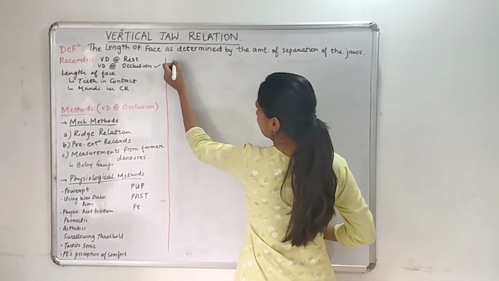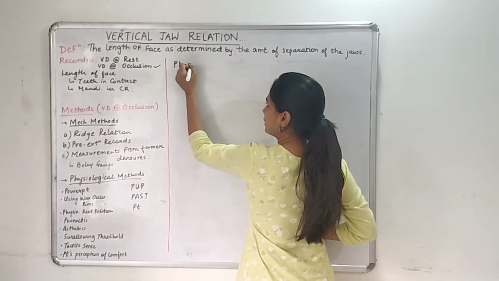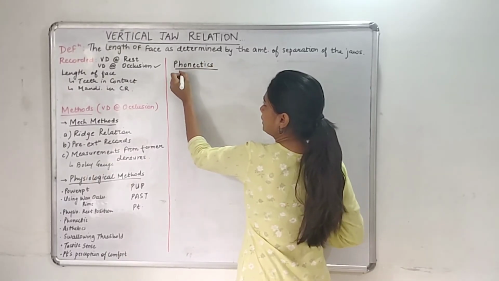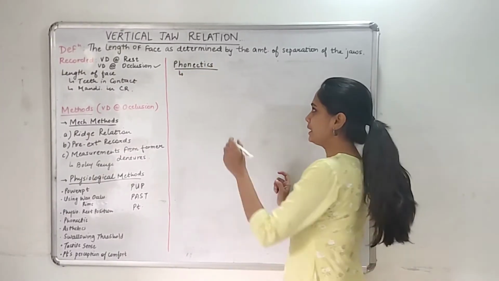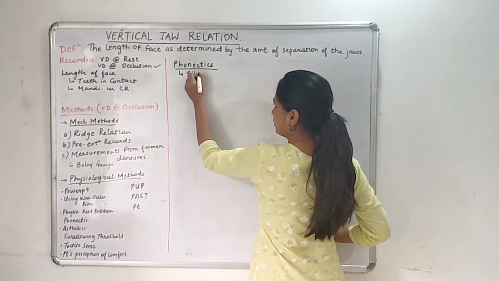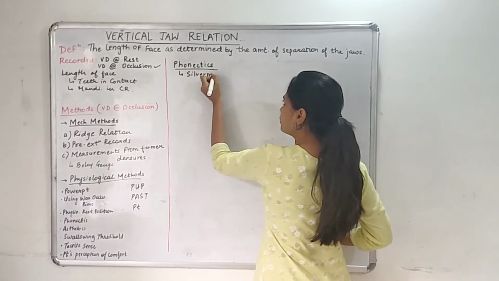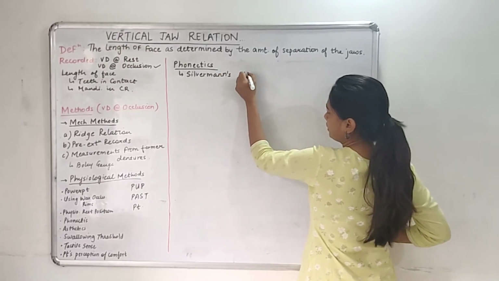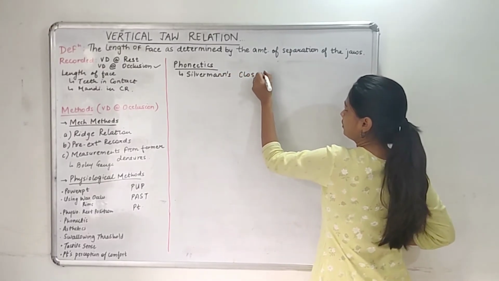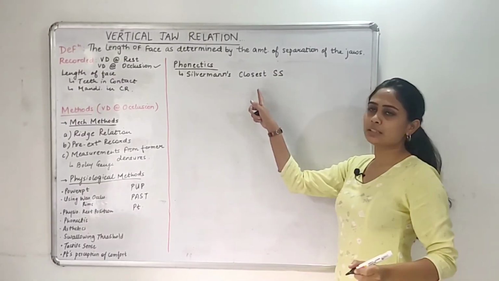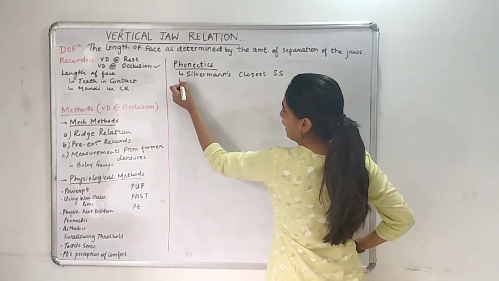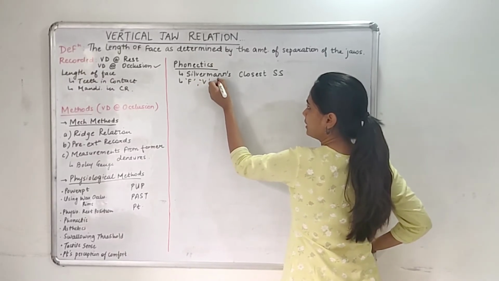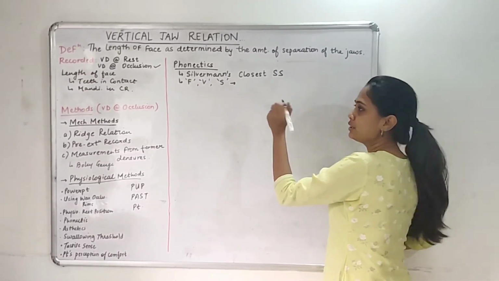In phonetics, we have to remember two things: Silverman's closest speaking space, which is a very important topic that we also use in our clinics to record our vertical dimension, and the F, V and S speaking anterior tooth relation.